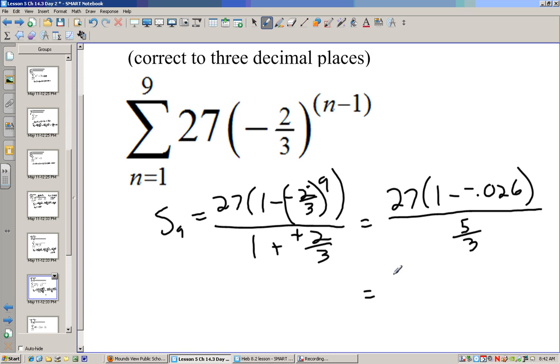So this goes to minus a negative would be a plus, 1.026 all over 5/3. Now I just type this into your calculator. And I get 16.62.